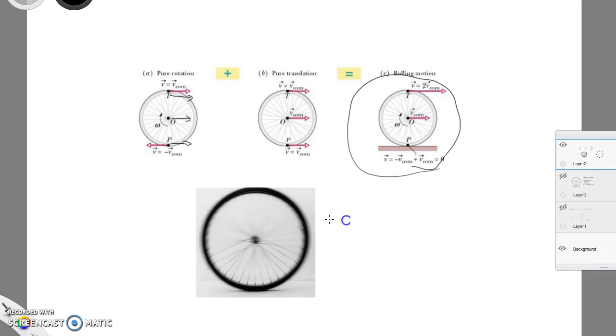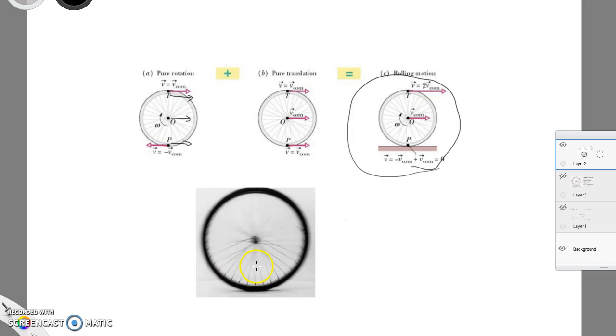So if we look at this image of a bike wheel here, you can notice that at the very bottom, it's not very blurry, and this is that point where it's stationary. It's fairly blurry here in the middle, and then it's very blurry here at the top, where it's moving twice as fast as it's moving here, and then here it's stationary, okay, and this is for objects that are rolling.